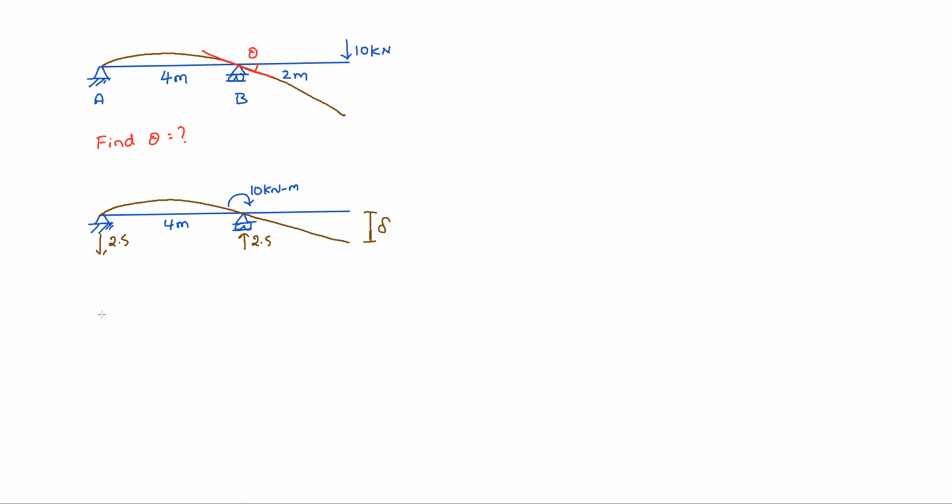Curvature is 2.5, means negative. Negative means upward load will take. So this is the negative. That means upward load will take for that.